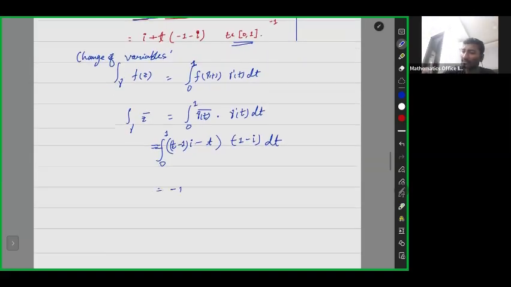Minus 1 minus i is a constant, so we can take it outside.